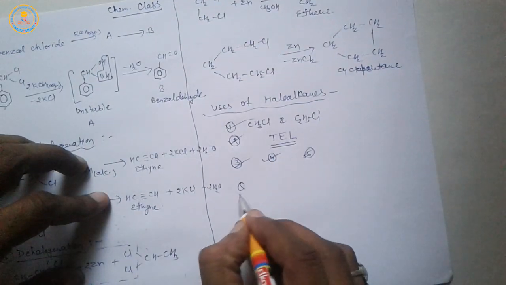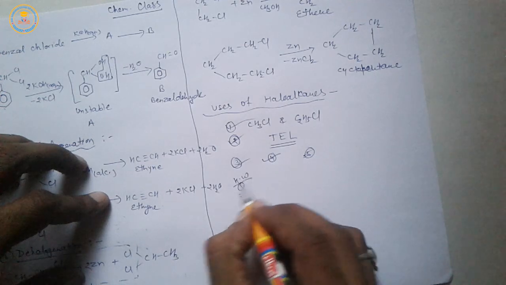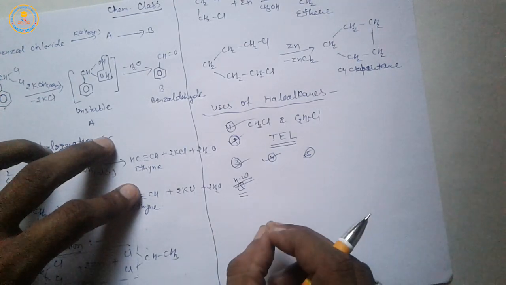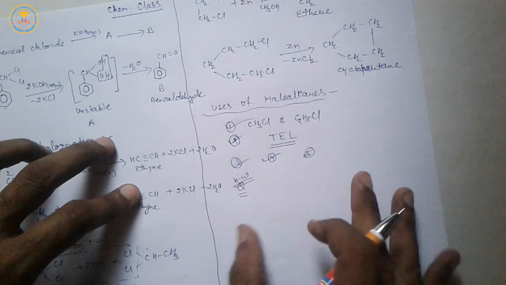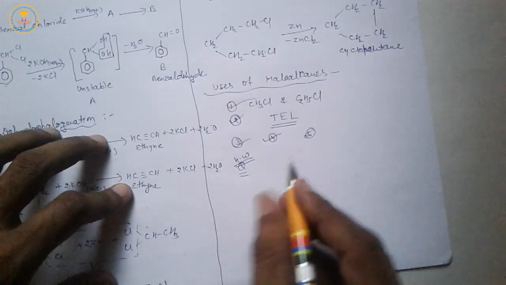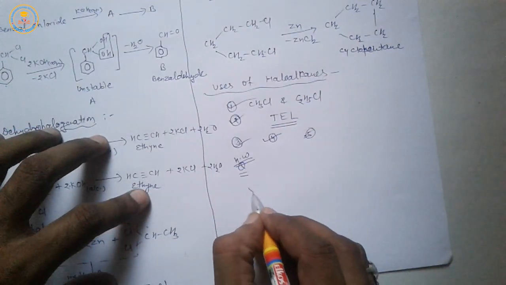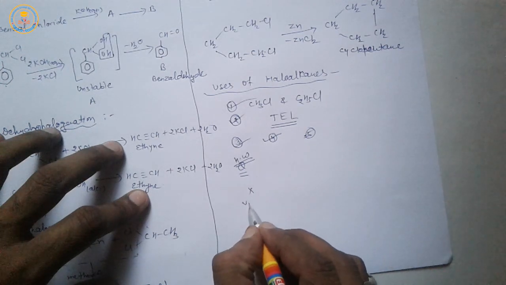Now next, a question for homework. Identify X and Y in the following reaction. Very important question. X is a vicinal dihalide.